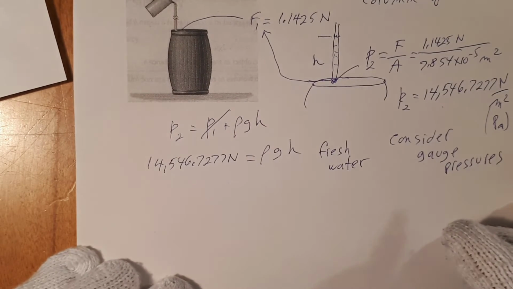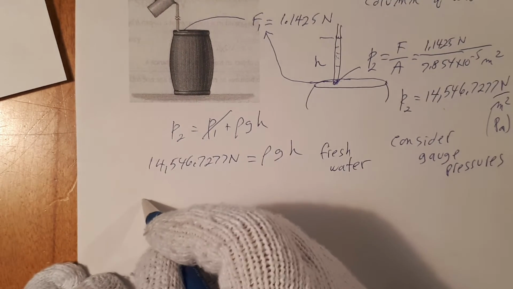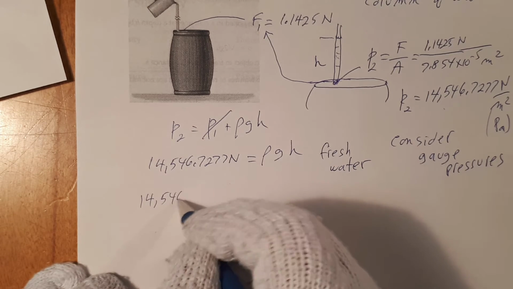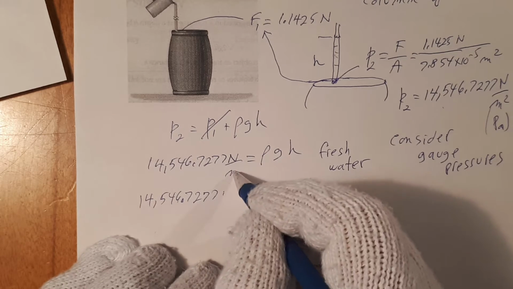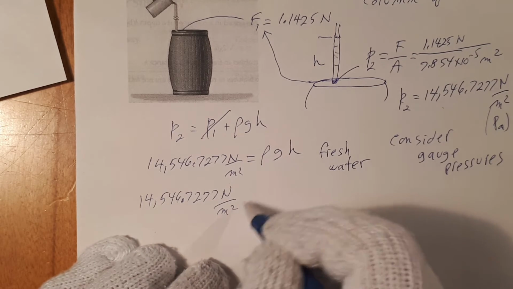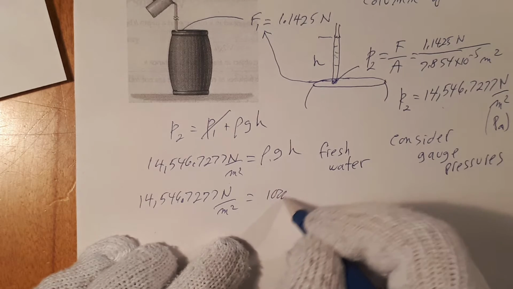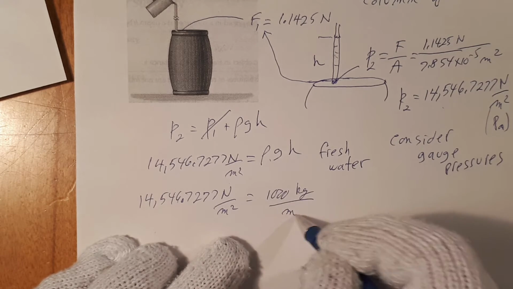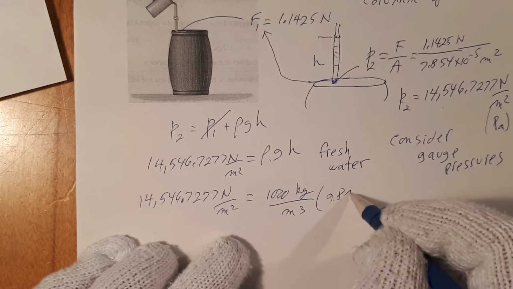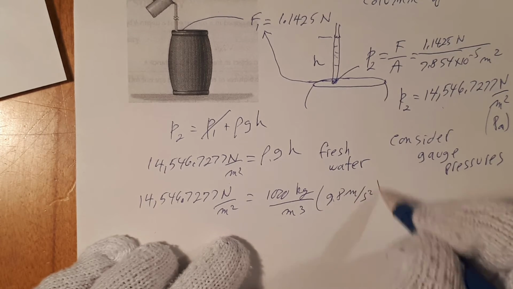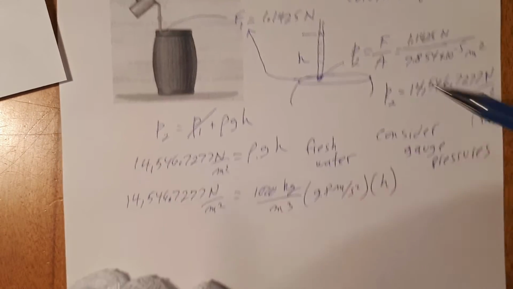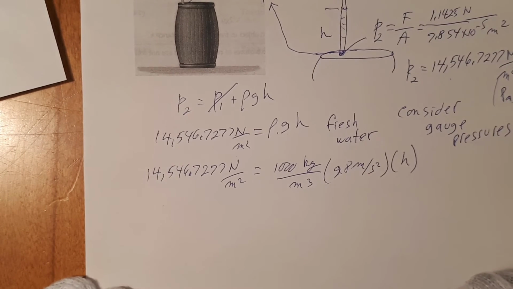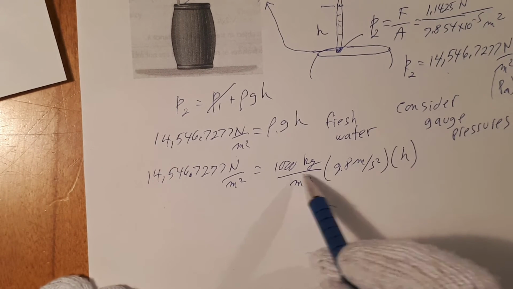Putting in the numbers, 14,546.72 newtons per square meter. Density of water, 1,000 kilograms per cubic meter. g is 9.8. And h is what we want to find, that height. All right, carrying on with this, a little bit of mathematics.